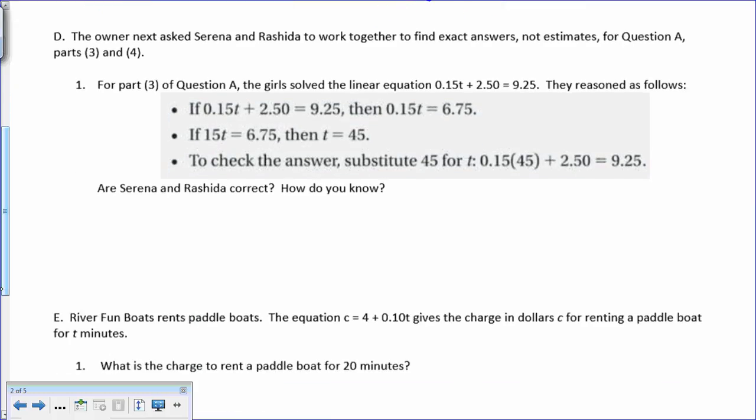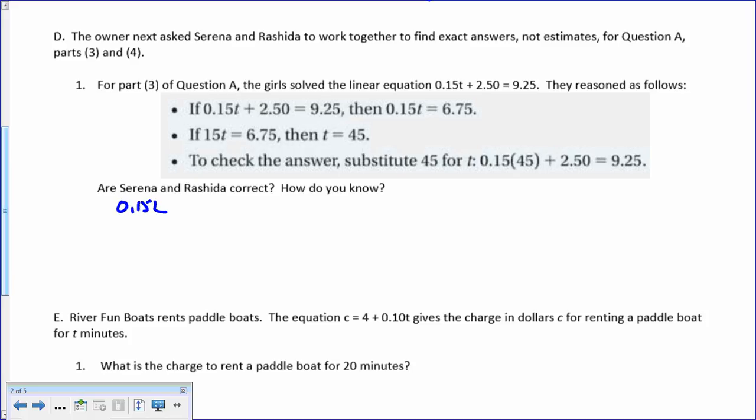All right, part D. Now we asked Rashida and Serena to work together to find the exact answers. So in part 3, they solved that equation where they asked us to find if the customer spent $9.25. So from this gray box up above, I'll just kind of talk about it.